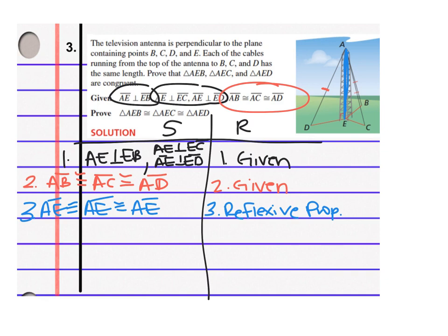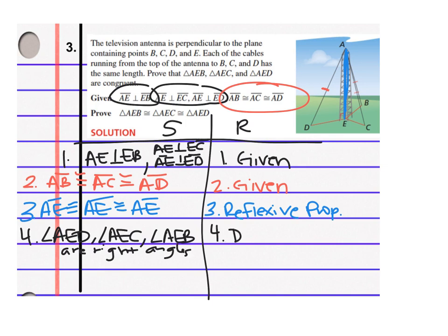And then I just need to say that I have those perpendicular angles. So angle AED, angle AEC, and angle AEB are right angles. And just like our last problem, that's the definition of perpendicular lines.